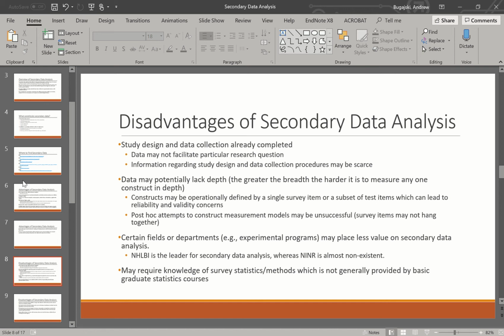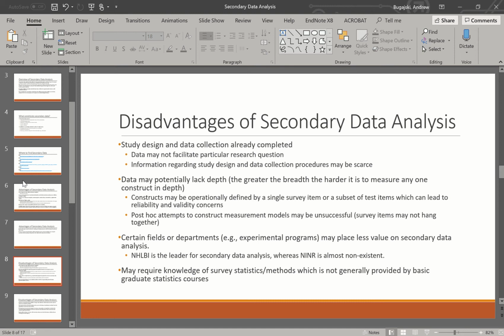Those are measurement models. Certain fields or departments or experimental programs may place less value on secondary data analysis. So, for example, NHLBI is the leader, really, in my opinion, for secondary data analysis. They have grants for that. Whereas NINR, our own nursing research, does not have a data repository.